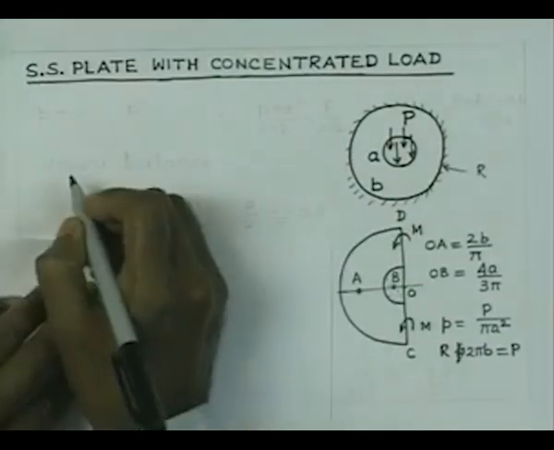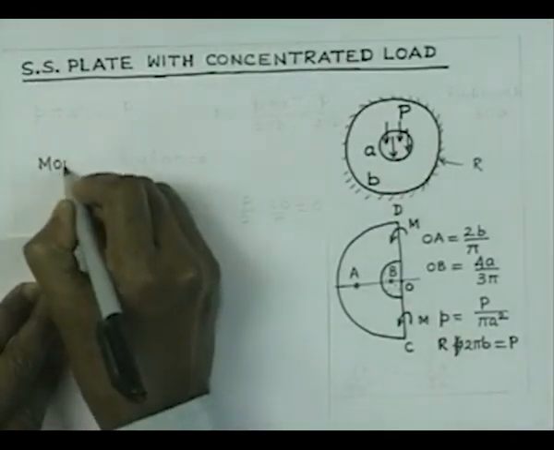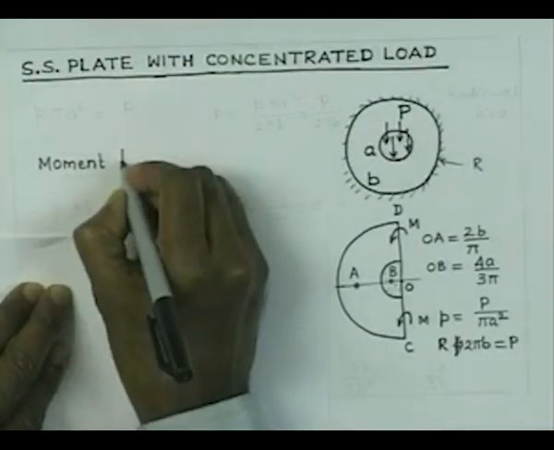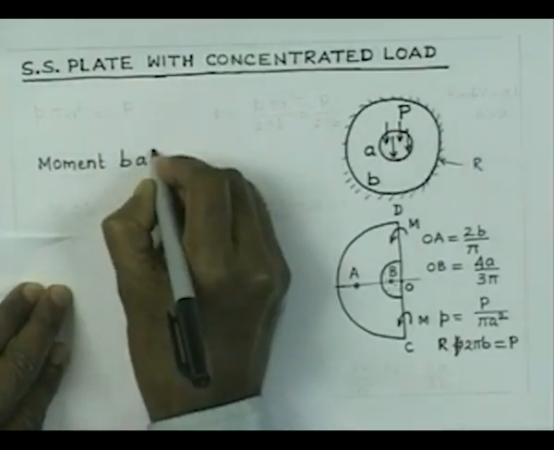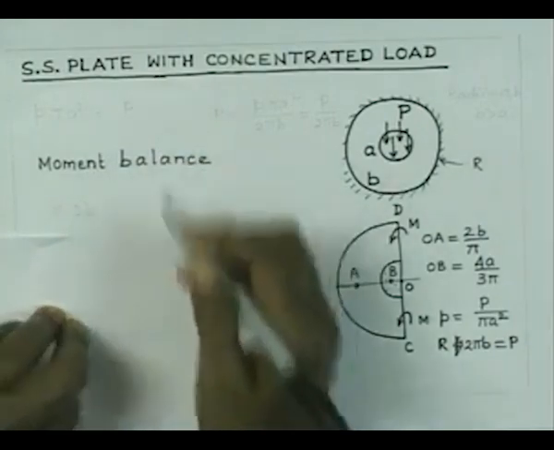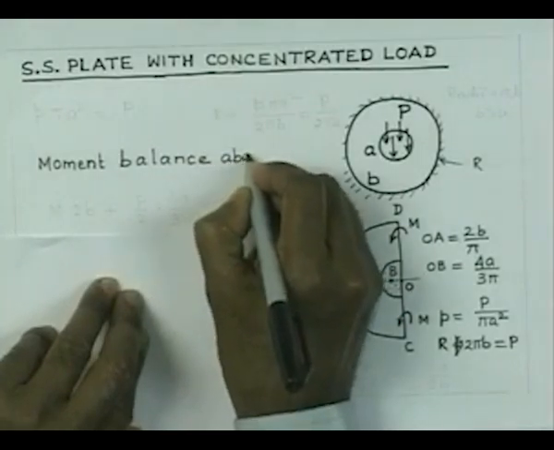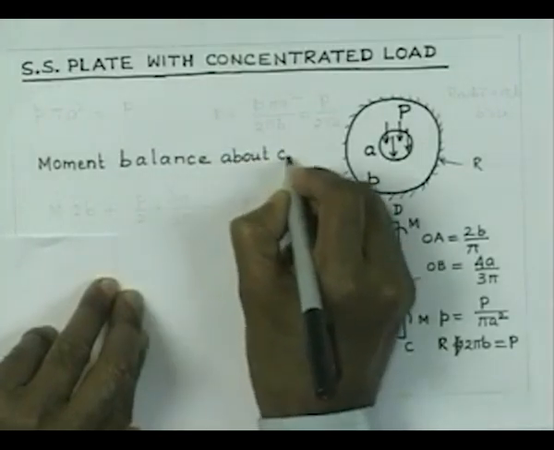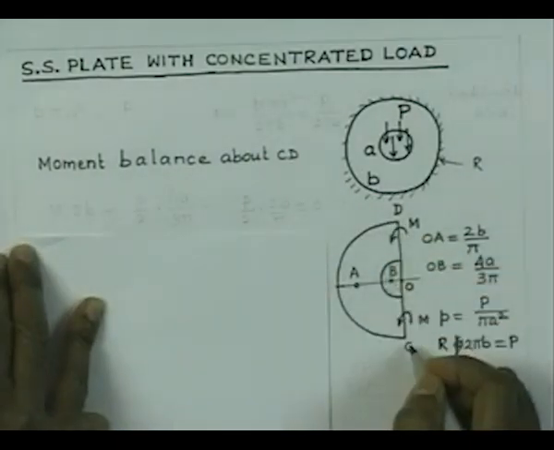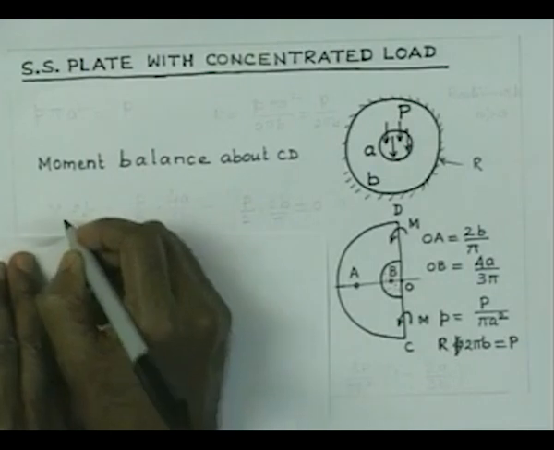If we take the moment balance about CD, then we have M acting all over the distance CD, which is of length equal to 2b.